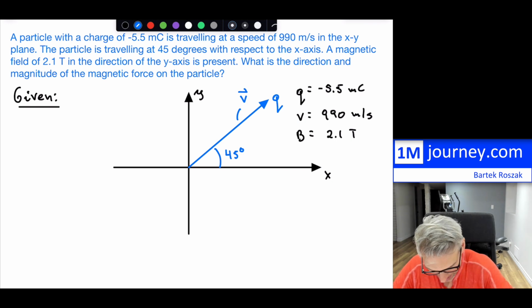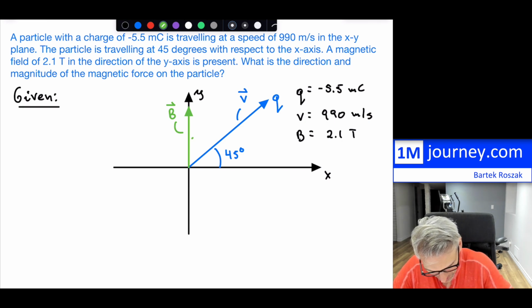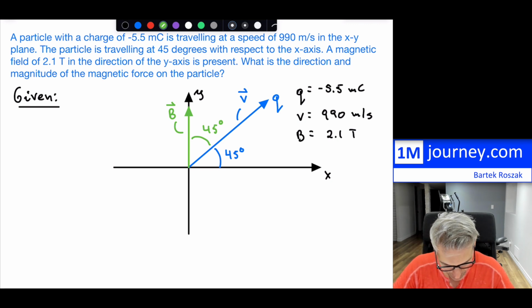So on the y-axis, it would look like this. I'm just going to draw it like that, and that's my magnetic field, and we know what that strength is. So therefore, the angle in between them is also 45 degrees, which is something that we're going to need.